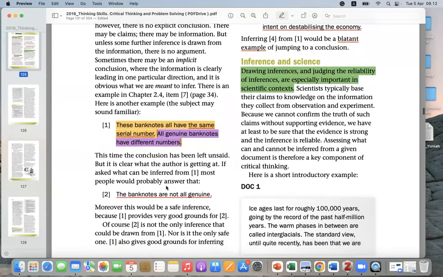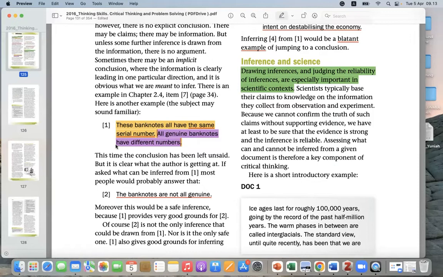But when you look at this one, for example, number one, if you ask what can be inferred from number one, most people would probably answer this question. Number two is the proper conclusion, or proper inference, of number one. From this fact, the fact being the sentences in number one, the banknotes are not all genuine.